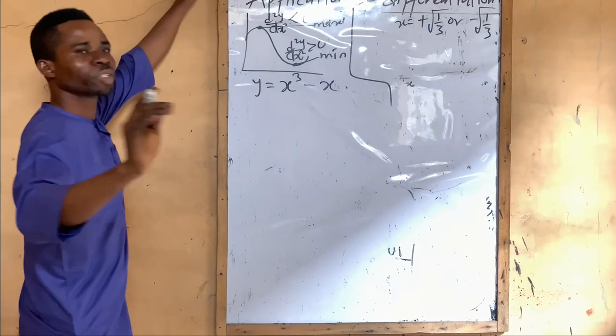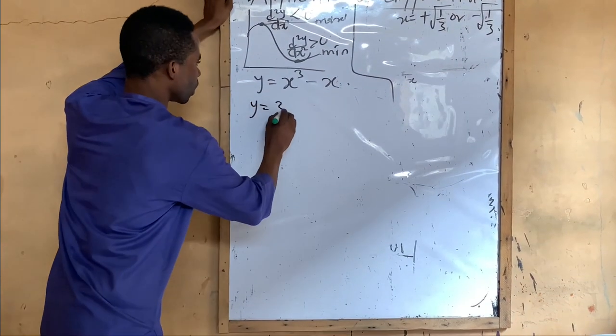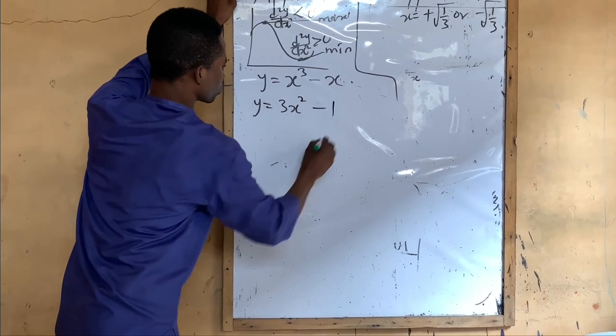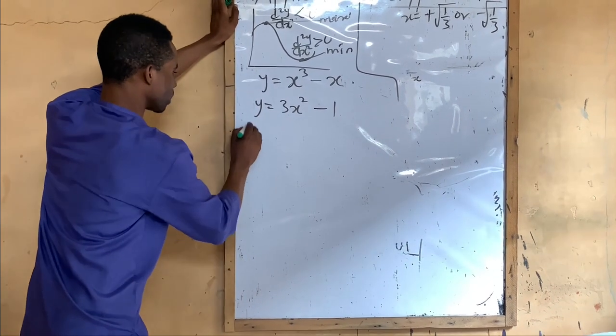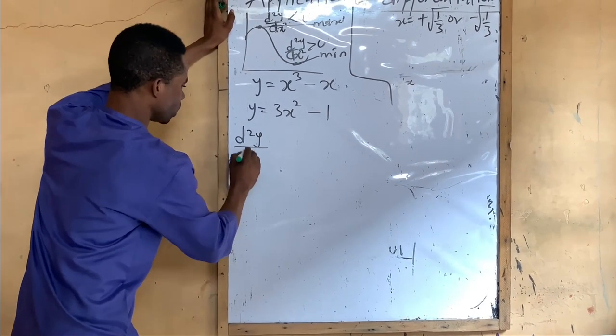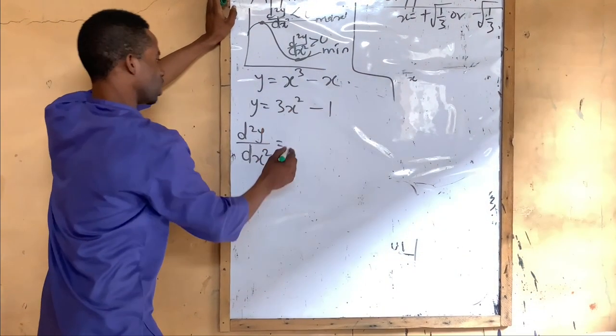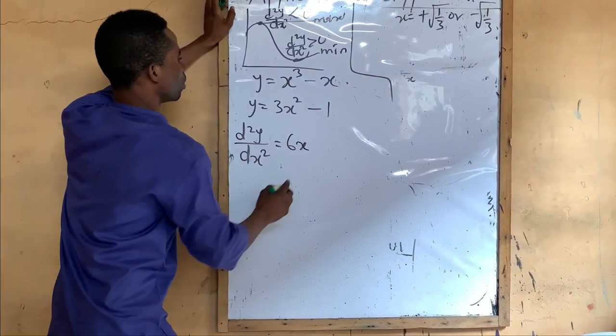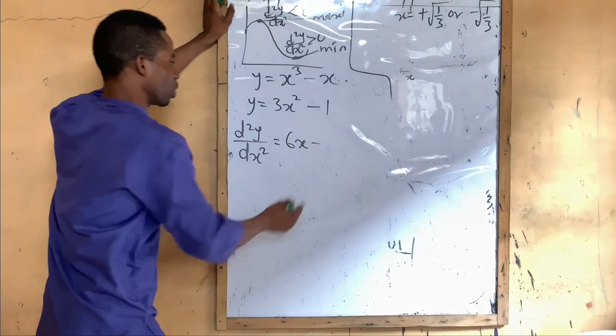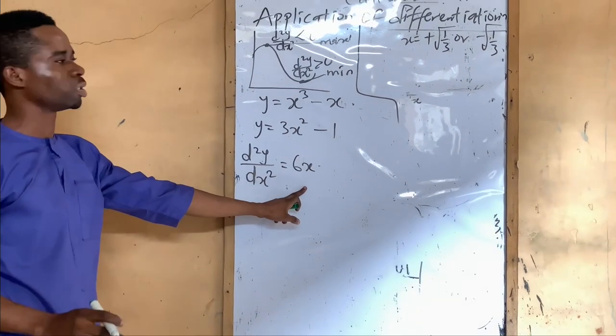And when we firstly differentiated it, we have dy/ds equals 3s squared minus 1. Now, for me to get the second derivative, d squared y over ds squared, I will use this 2 to multiply this. That will be 6s minus, what's the differentiation of 1? 0, which is 6s originally.